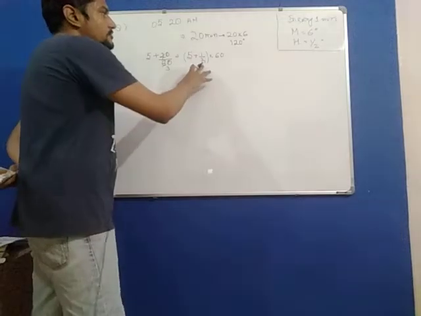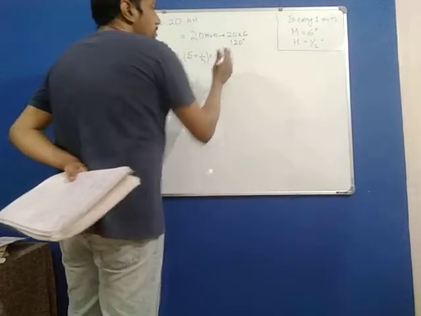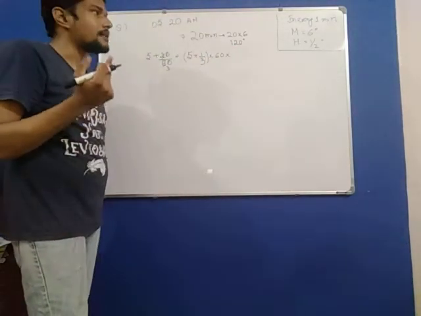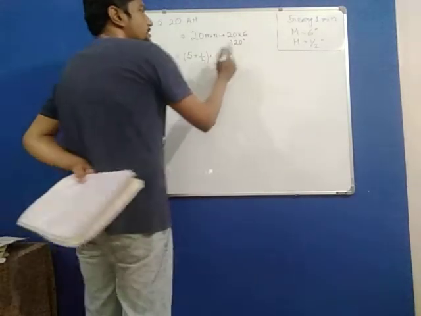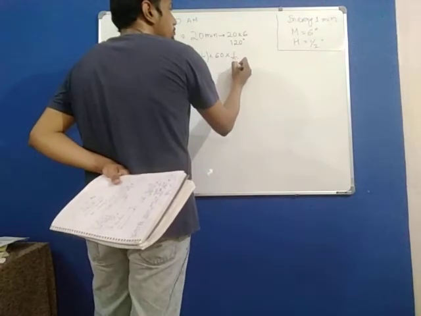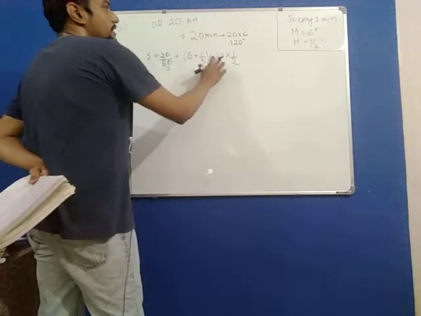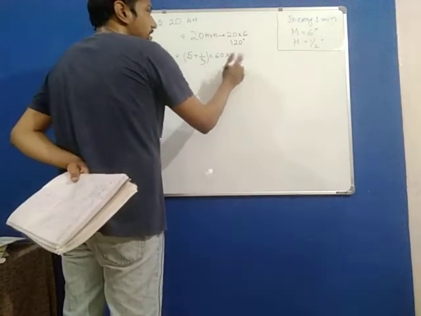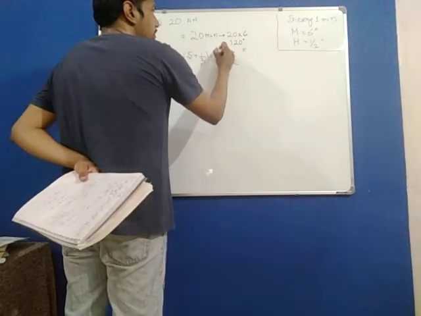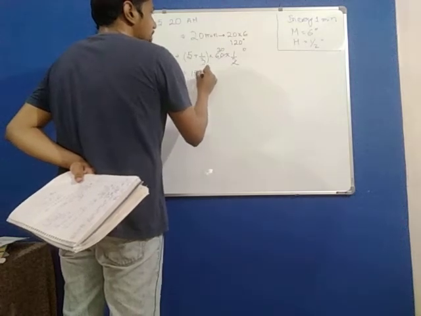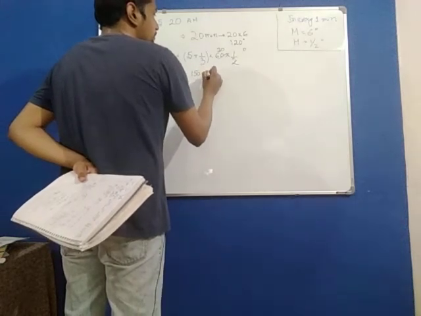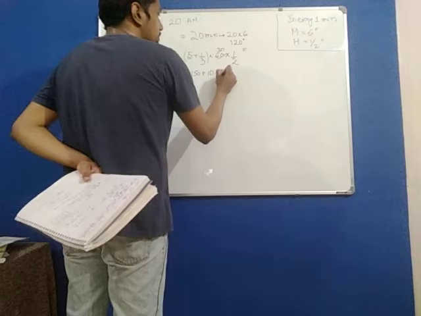And we know that in 1 minute the hours hand moves through half a degree. So in these many minutes, the hours hand will move through 5 plus 1 by 3 into 60 into half degrees. That is nothing but 150 plus 10, which is equal to 160 degrees.